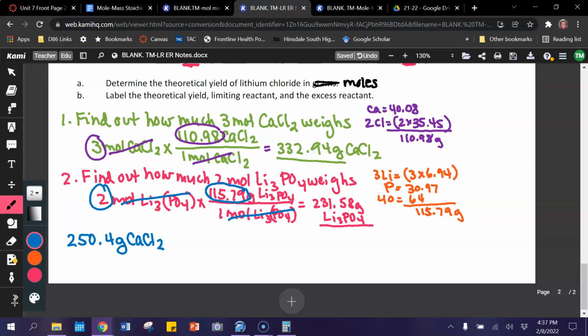And remember that since I'm starting with grams, that means that my first proportion is 1 mole is equal to the molar mass of the compound. So 1 mole of calcium chloride is equal to the molar mass of calcium chloride, which I already calculated as 110.98 grams.